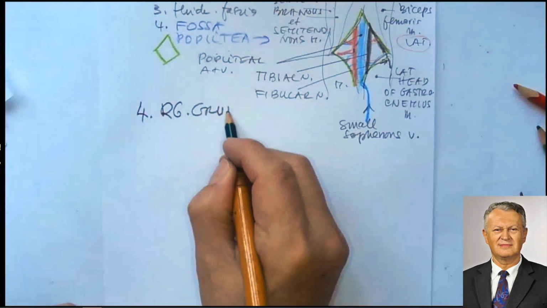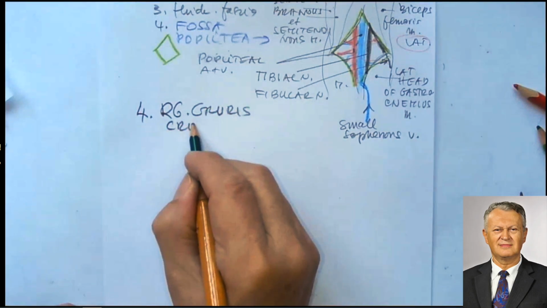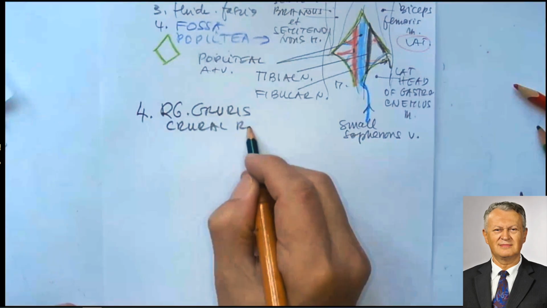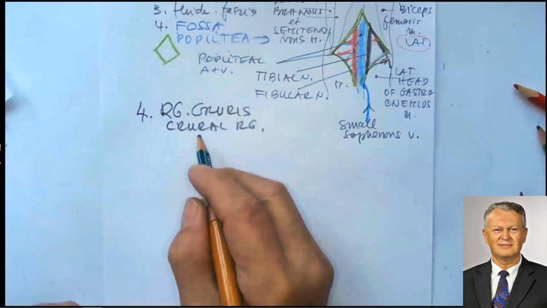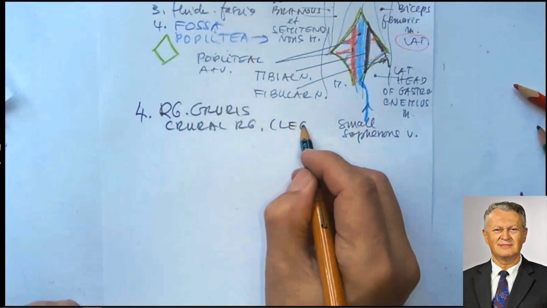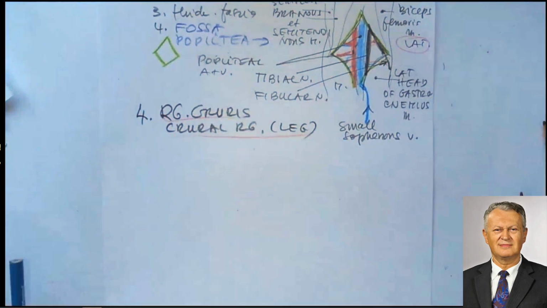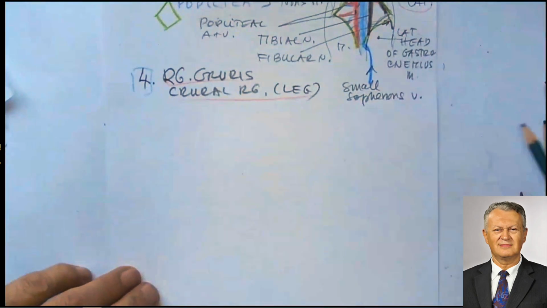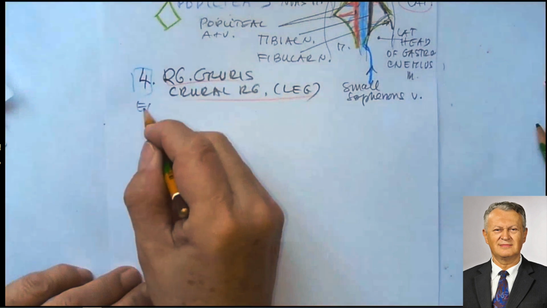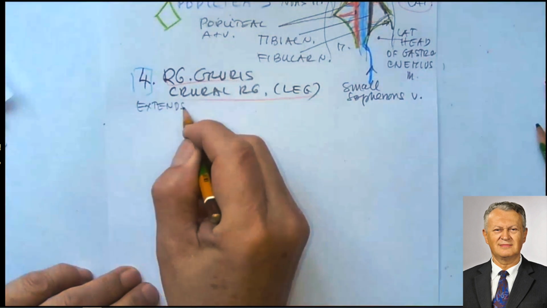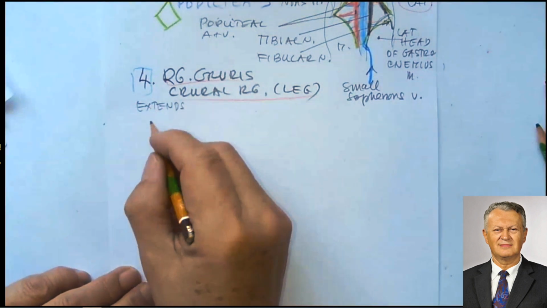or crural region, also leg region. All these terms are used. Regio cruris, crural, etc. Extends, so boundaries, or extends from the tibial tuberosity.